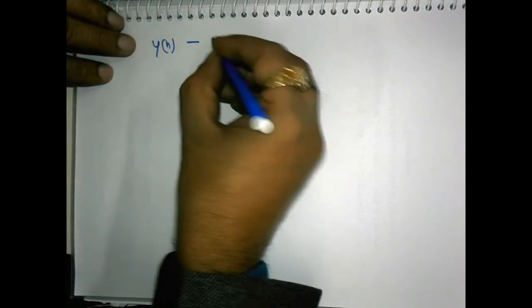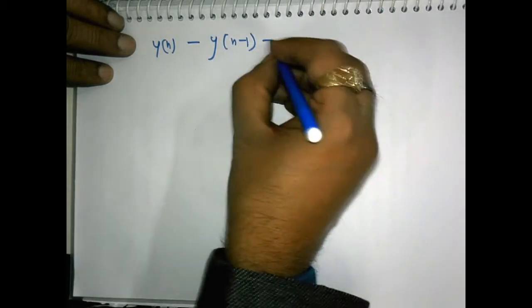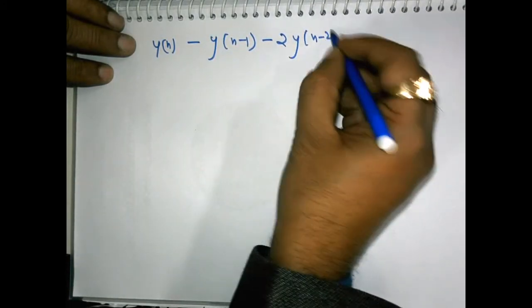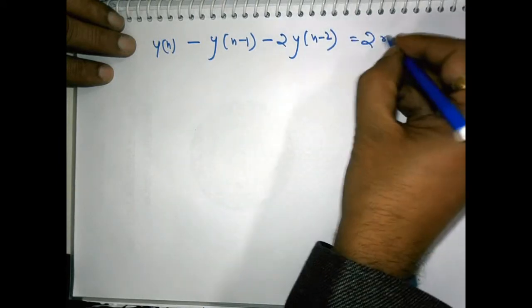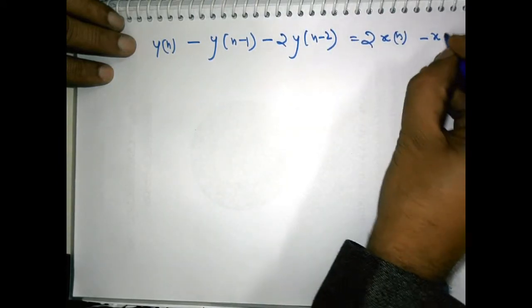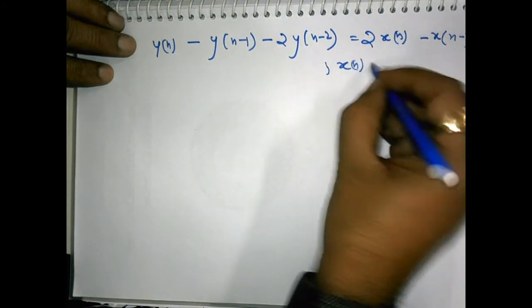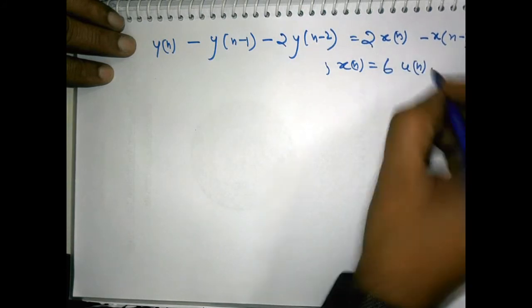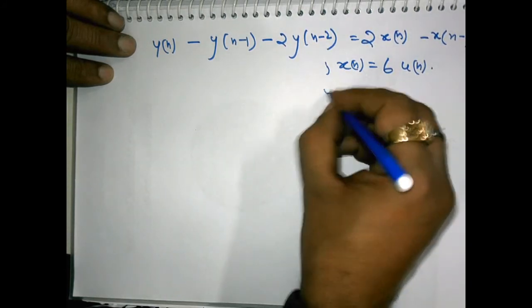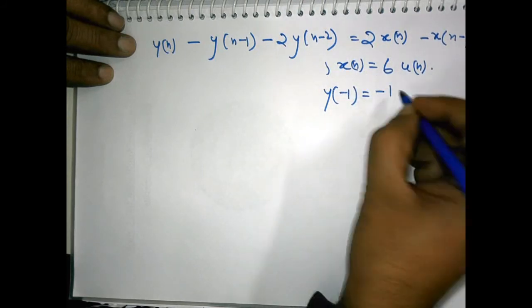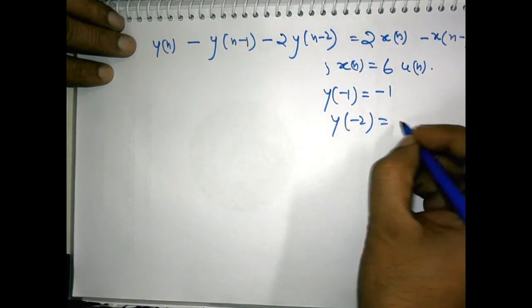Now I am solving a difference equation for a general input. Suppose we have a difference equation given like this: y(n) minus y(n-1) minus 2y(n-2) equals 2x(n) minus x(n-1), where x(n) is equal to 6u(n), and y(-1) equals -1 and y(-2) equals 4.